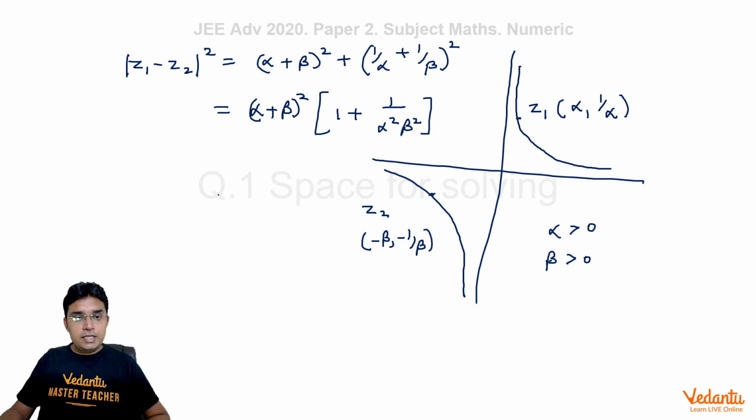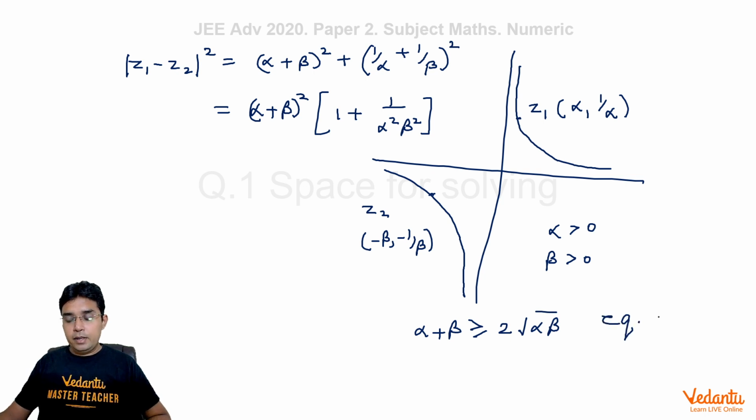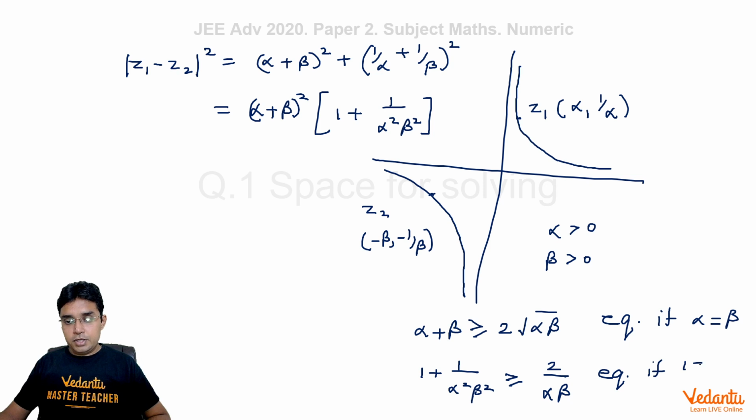Now for both these expressions, let me do it here, alpha plus beta, if I use AM-GM, will be greater than or equal to 2 root alpha beta, and this equality will happen if alpha is equal to beta. And 1 plus 1 upon alpha square beta square, again if I use AM-GM, will be greater than or equal to 2 upon alpha beta, and here equality will happen if 1 is equal to 1 upon alpha beta.